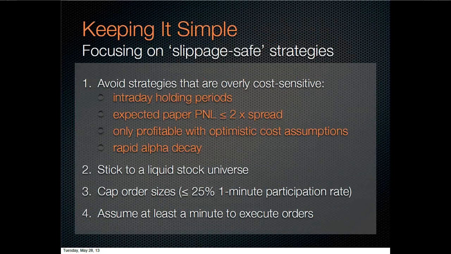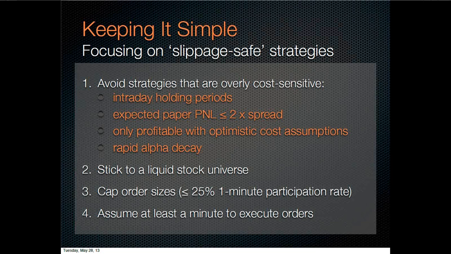And so where this all heads is, for the typical user, how do you keep it simple? How do you incorporate slippage in a sensible way without going to huge amounts of trouble to forecast child order fills and all the things we talked about? And so the way you do it is you avoid strategies that are overly cost sensitive.